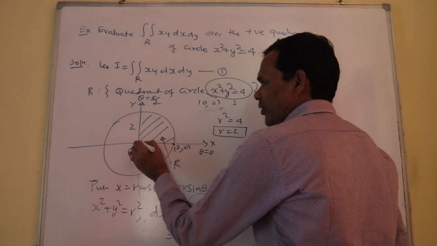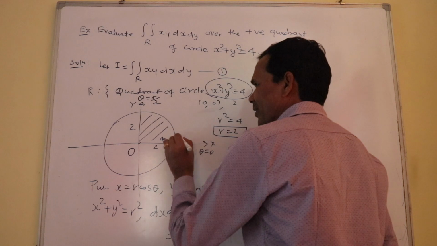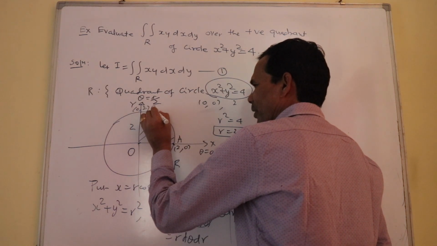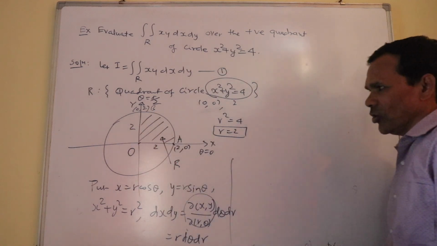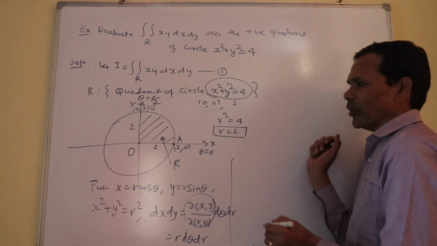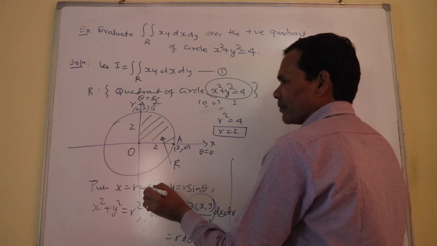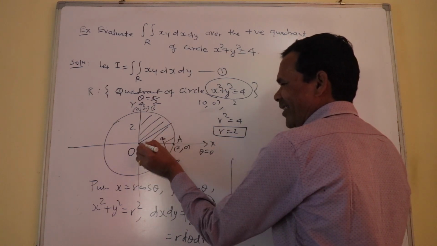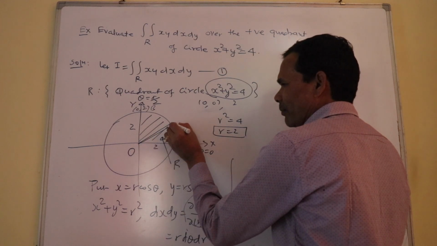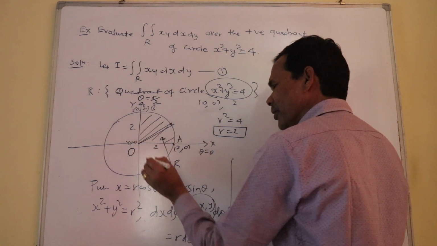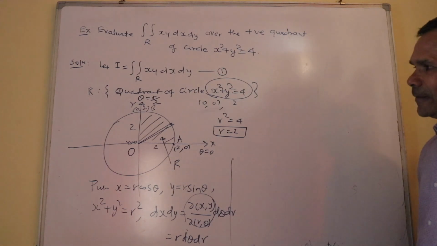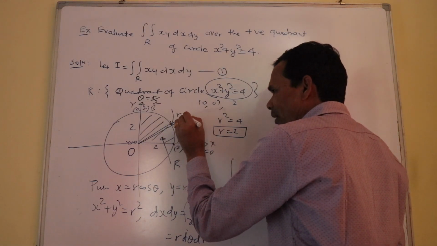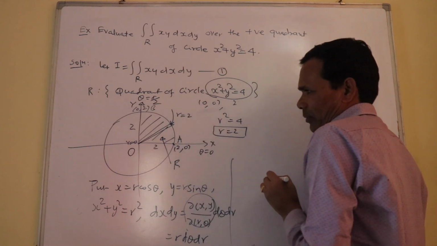Now, this is the region of integration. This is A, and this is B here. OAB is the region of integration. Now to find limits, we always draw a radial strip from the pole where r is equal to 0, and at this particular point it is the boundary of the circle, r is equal to 2.